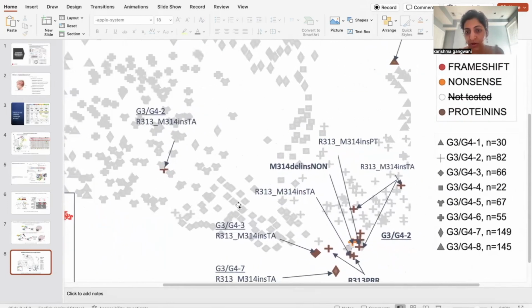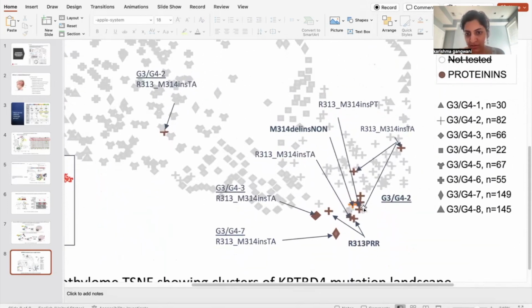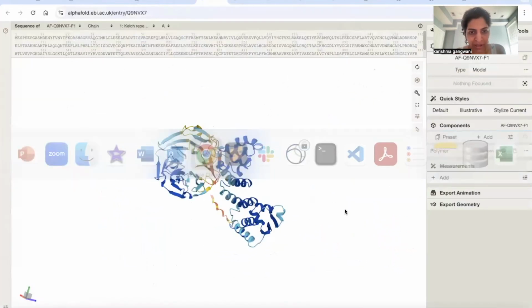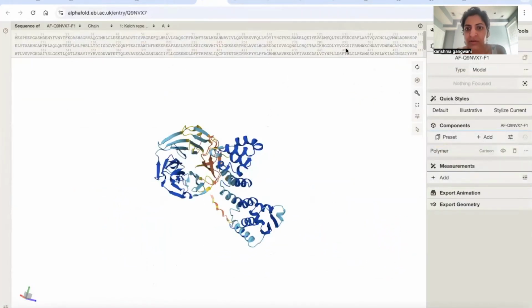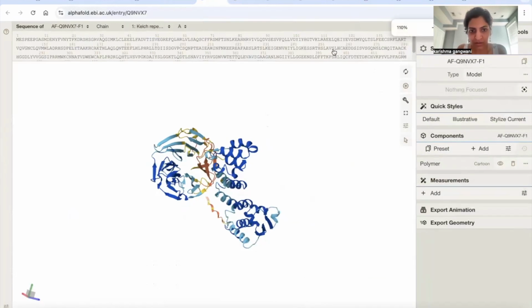Because what I noticed was there was this nonsense mutation within KBTPD4 hiding, very tightly clustered with the subtype 2, subgroup 2 mutations. And that got me thinking, because if we go back and look at the structure, right? So this particular, here, let me zoom that a little bit.